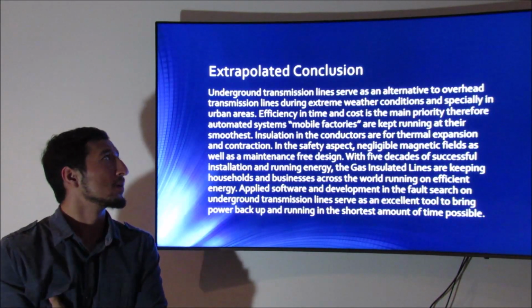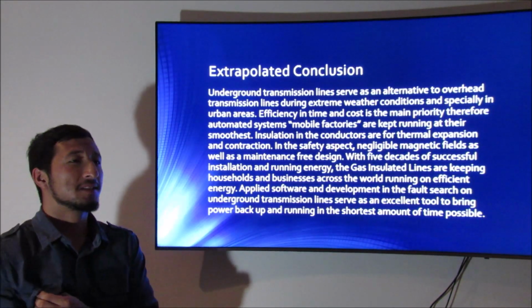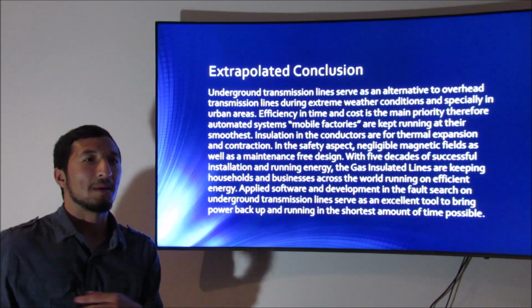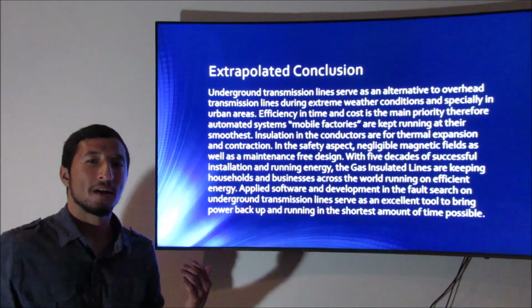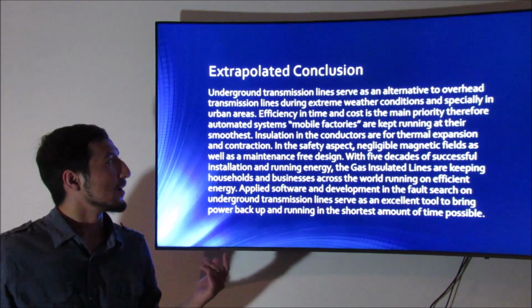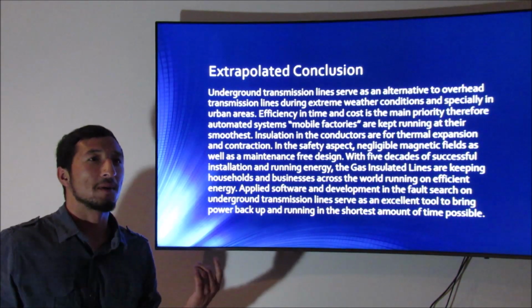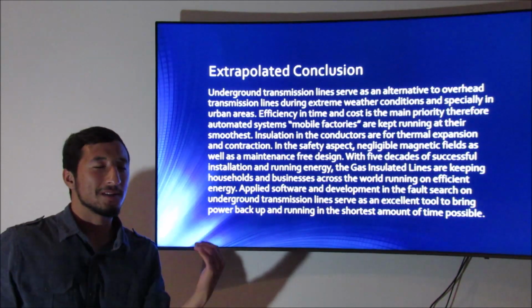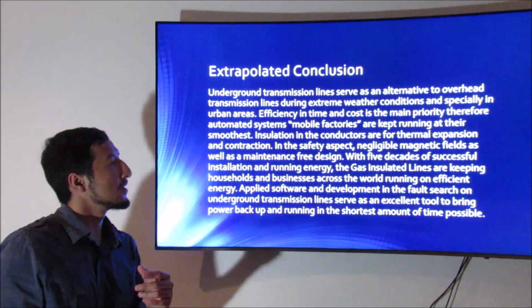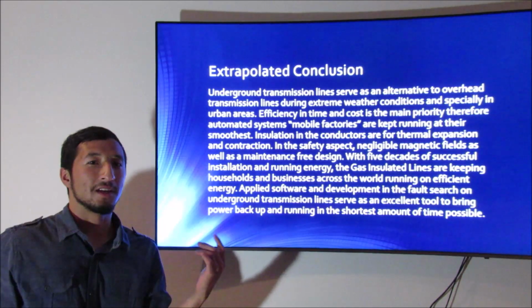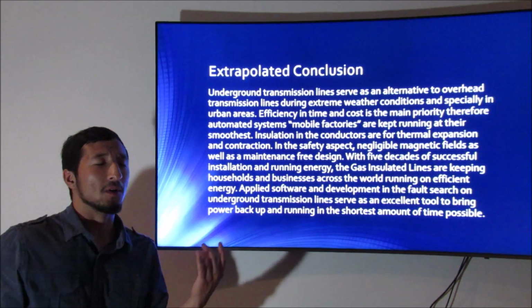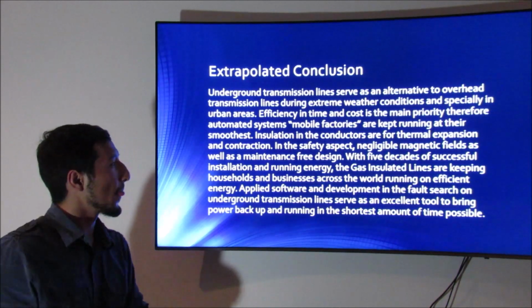For my extrapolated conclusion, I basically got from this that underground transmission lines can be installed in various methods, and of course it is always better to be safe in your actual maintenance of these transmission lines. That is why gas insulated lines happen to be very good for safety reasons.